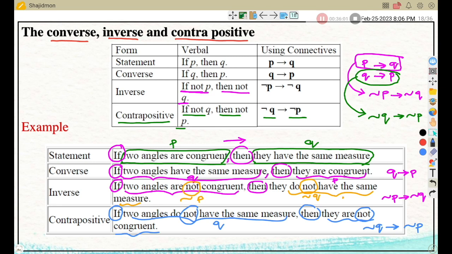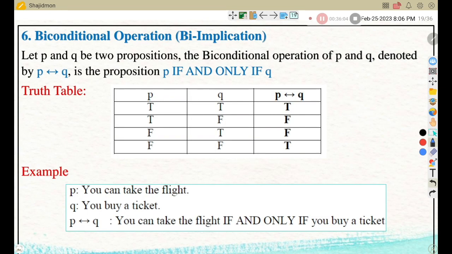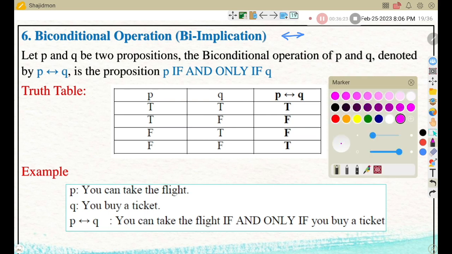Okay, now let me go to the last operation, the sixth operation: biconditional operation, or bi-implication. Biconditional means a double-sided arrow. Now what is the meaning?